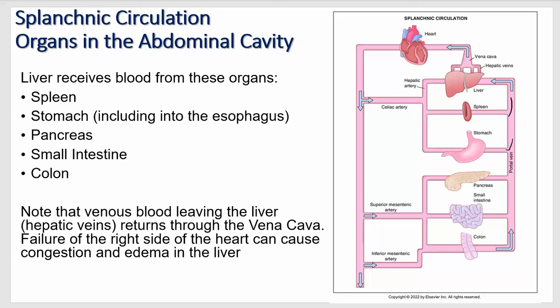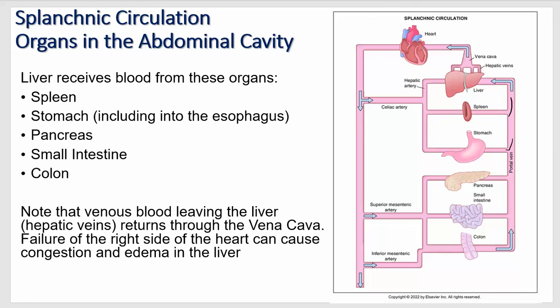But when blood is draining from the liver, it's obviously getting a lot of blood all day long. And then it's going to pass from the liver to the vein of the liver and back to the heart. So I put this note here that venous blood leaving the liver returns through the vena cava to the heart. So right-sided heart failure, I think our heart is kind of flipped around here, it looks like.